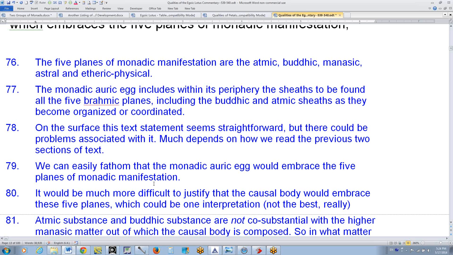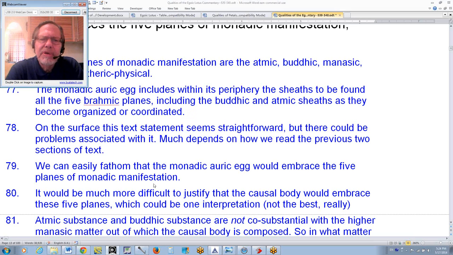So, as I said, it would include the buddhic and atmic sheaths as they become organized and coordinated, which is not immediately. If the coordination of the buddhic vehicle seems, from most references, to occur after the 3rd degree, then when does the coordination of the atmic vehicle occur? The permanent atom is there, but I imagine that the field to be built around that permanent atom is still a little bit inchoate before a certain point of initiation is reached.